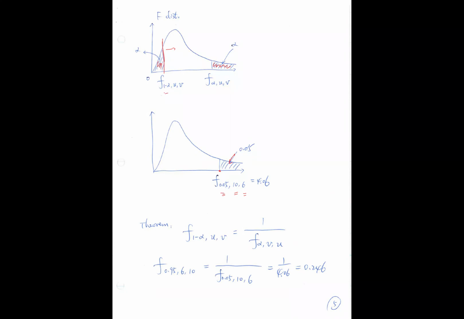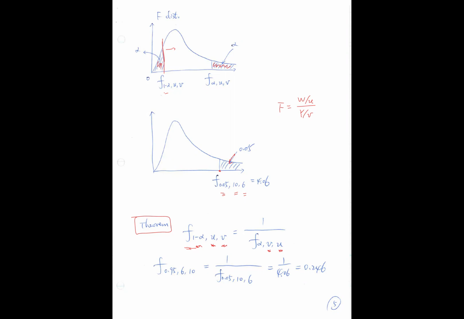Because F equals W over U divided by Y over V, if you switch the denominator and numerator, then the degrees of freedom will switch. So the theorem here is F1 minus alpha, U, V equals 1 over F alpha, V, U, okay? We switched the numerator and denominator degrees of freedom because we are taking the ratio 1 over.